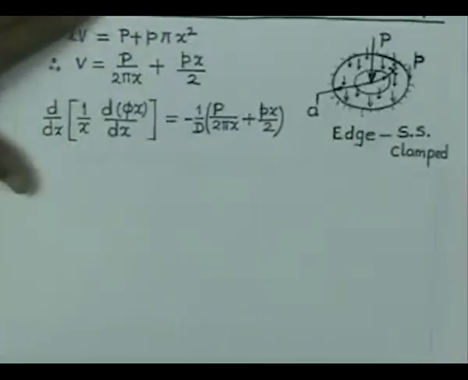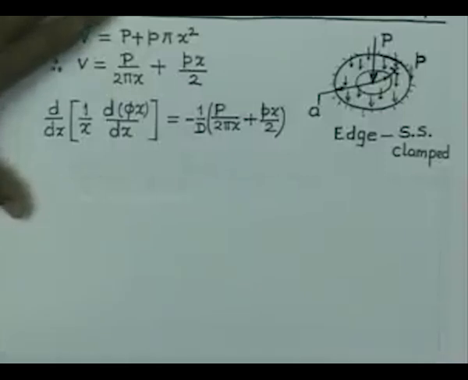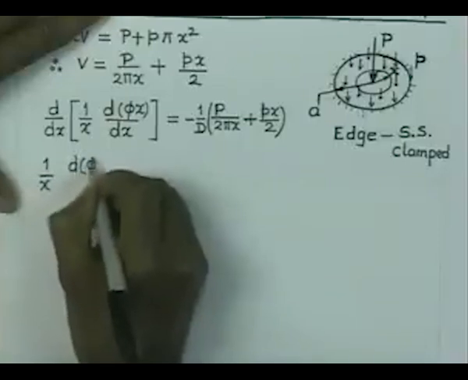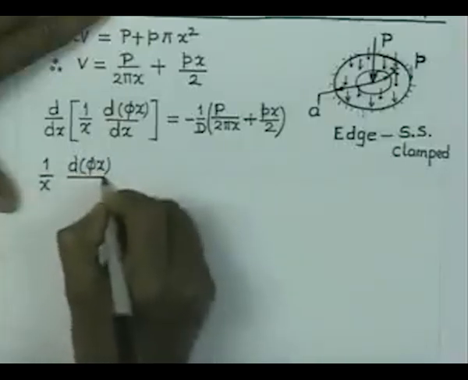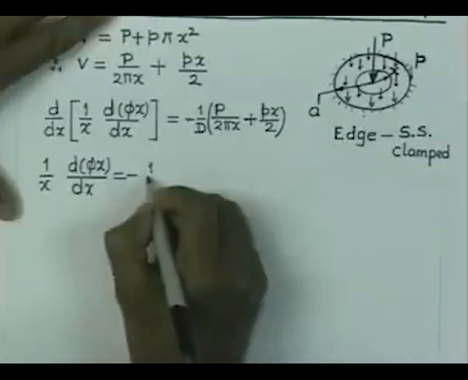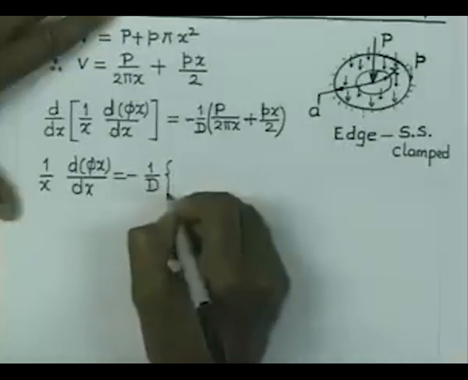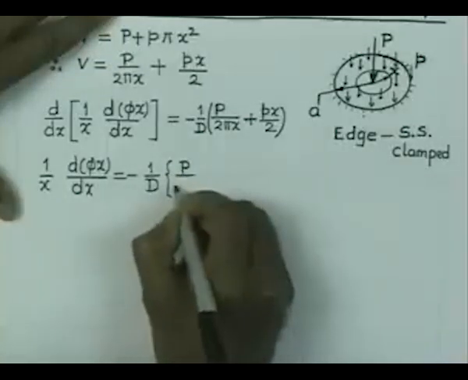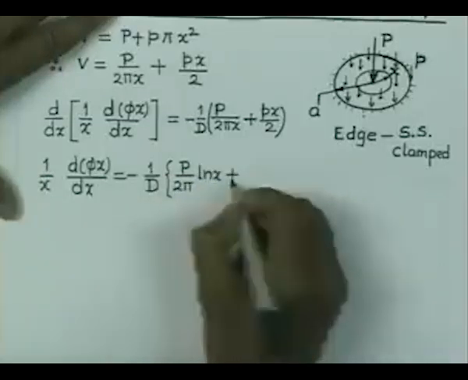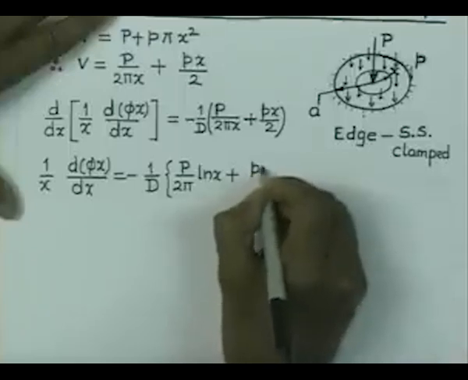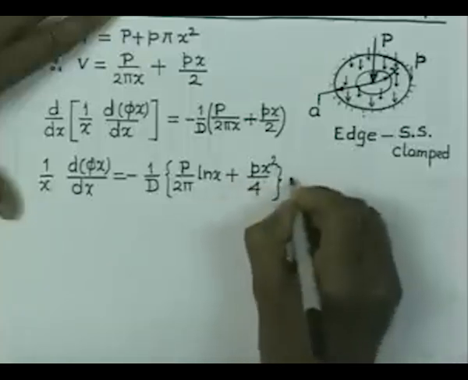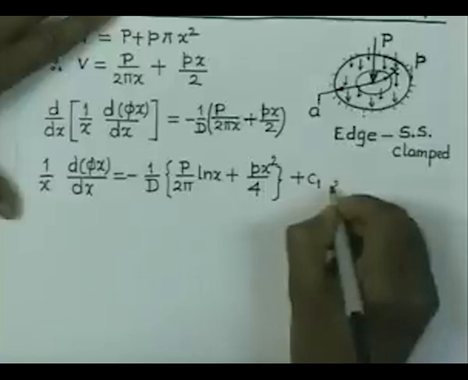Now, if this is easily integrable, so if we do that, 1 by x d phi dx minus 1 by D, P by 2 pi ln x plus P x square by 4, plus there will be one arbitrary constant of integration.